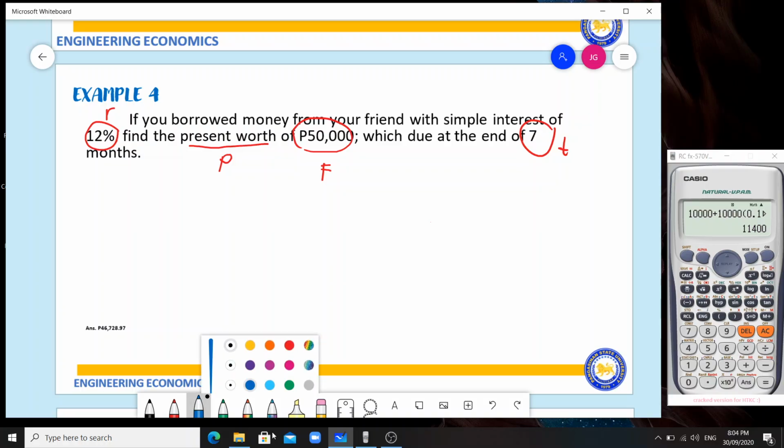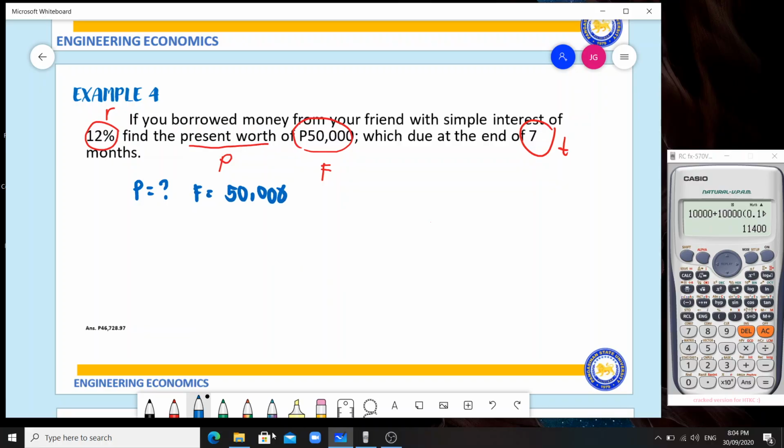Sulat natin. Ang P natin yung hinahanap. Ang future worth natin is 50,000 pesos. Ang rate natin is nasa 12% or 0.12. And then, ang time natin ay 7 months. Anong hinahanap ulit? Present. Okay.